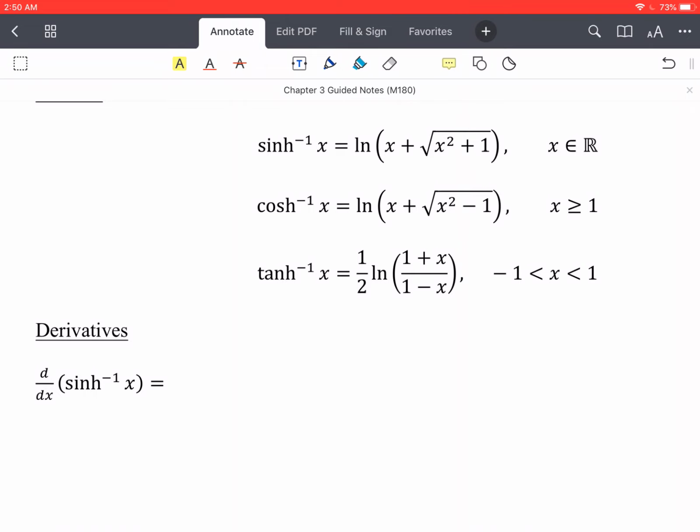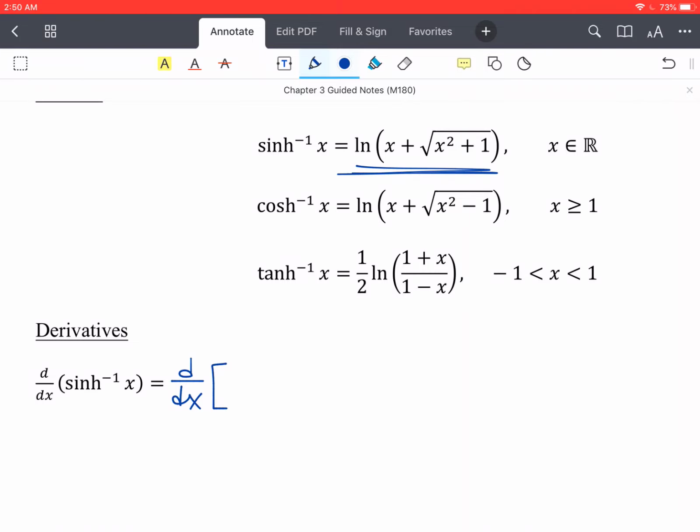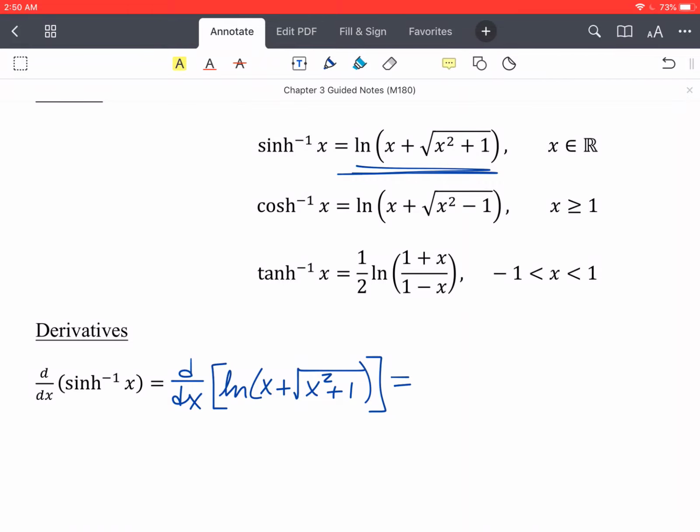So to find the derivative of inverse sine hyperbolic, that's going to be the derivative of exactly what it is: ln of x plus square root of x squared plus 1. This requires us to know how to take the derivative of the natural log and how to use the chain rule, very much so.